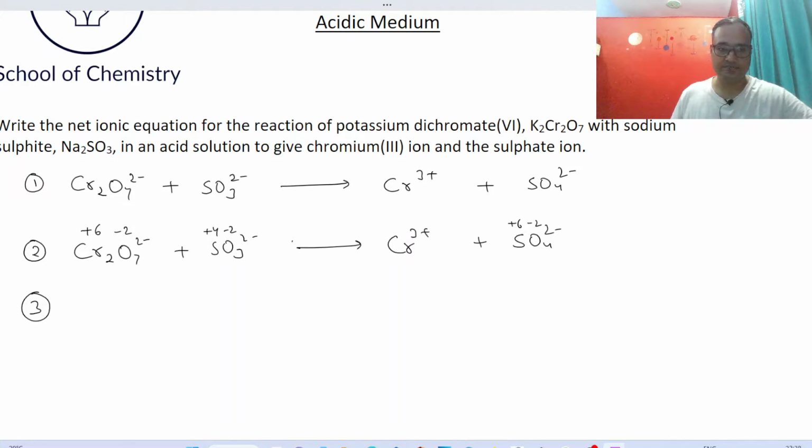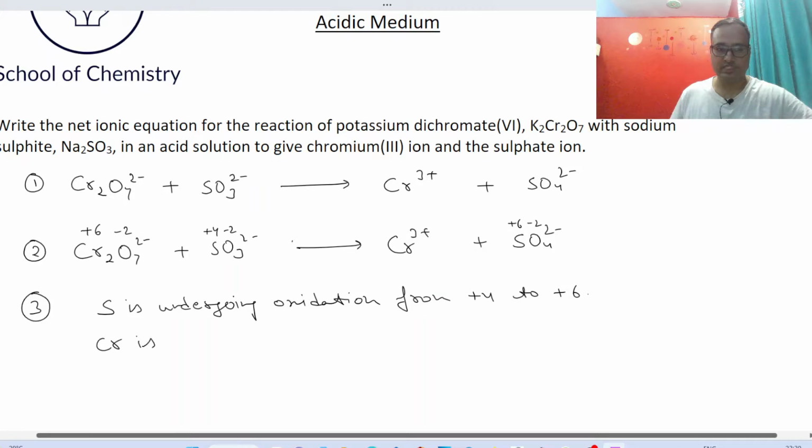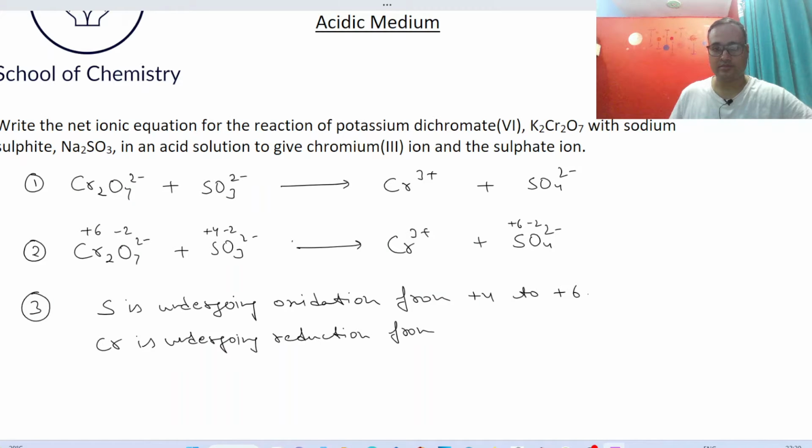In this, sulfur is undergoing oxidation from +4 to +6, and chromium is undergoing reduction from +6 to +3.